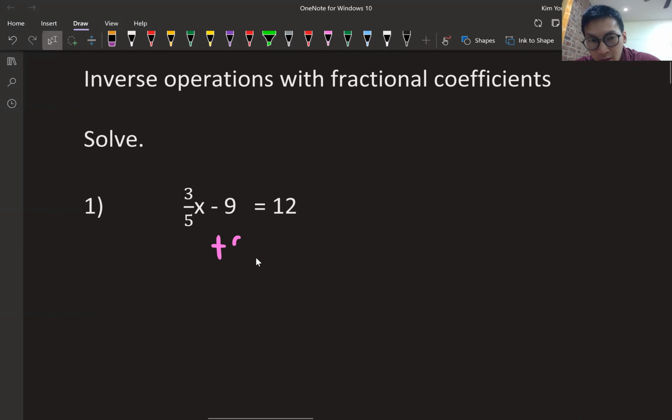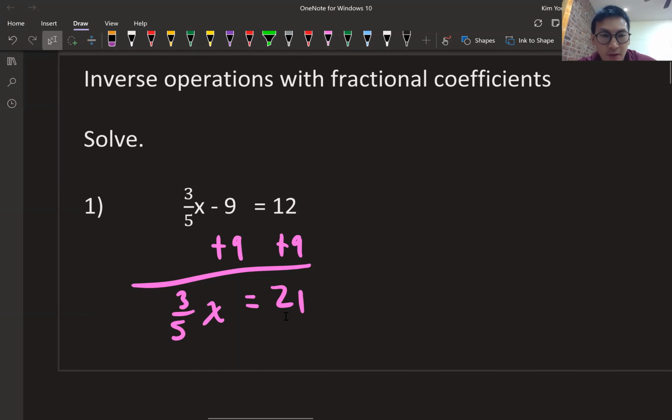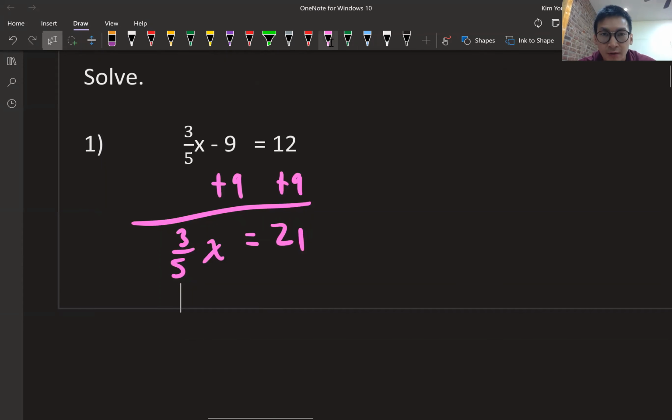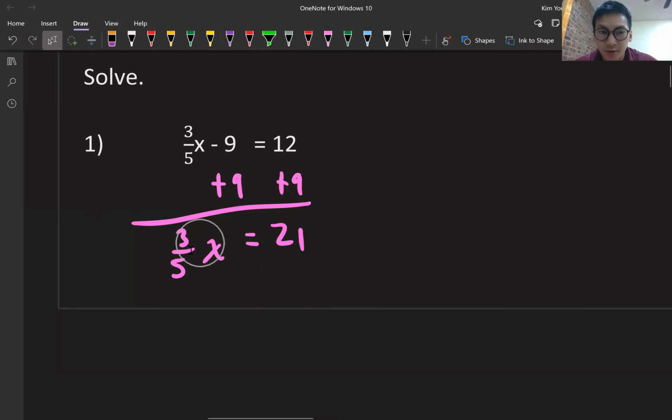Here you're going to add 9 to both sides. You get 21 is equal to 3/5 x. And to get x by itself, the fast way is just multiplying both sides of the equation by the reciprocal of 3/5, which is 5/3.